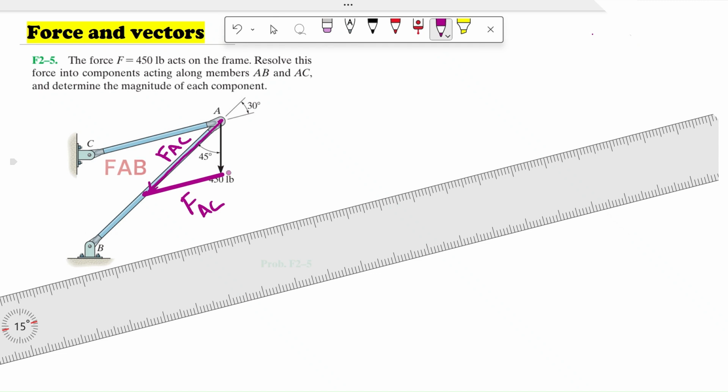By correct triangle, I mean that one side represents the given force and the other two sides represent the member forces, which I need to find, the value of those induced forces due to the applied force.